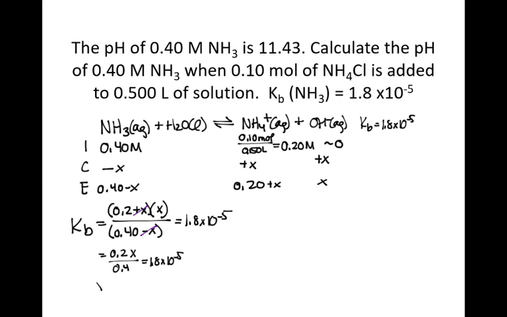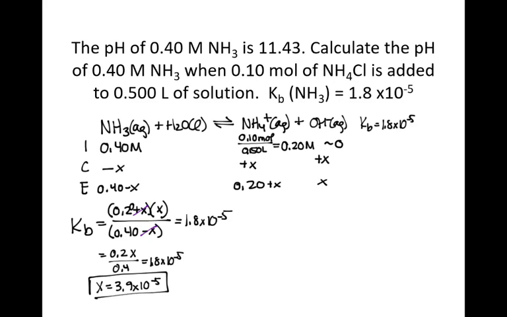And so if we rearrange that and solve for x, we find that x equals 3.9 times 10^-5. Let's check our assumption. Yeah, if we subtract 3.9 times 10^-5 from either 0.20 or 0.40, we end up with the same number. So our assumption was valid.